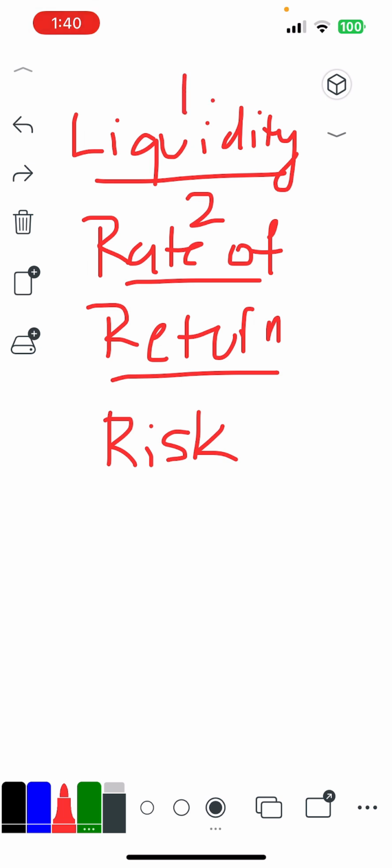Now, apart from rate of return, you also have risk. So what is risk? Risk has to do with how much risk you are taking to invest your investment. How much risk is there in the investment product? We talk about ETFs, for example. Depending on what they're made up of, some ETFs might be less risky than others.